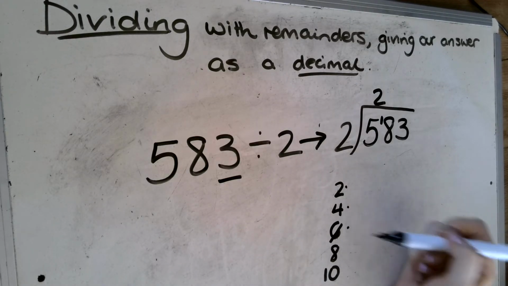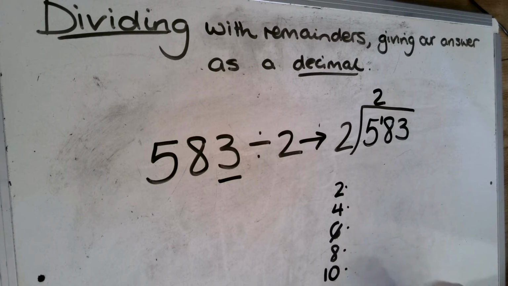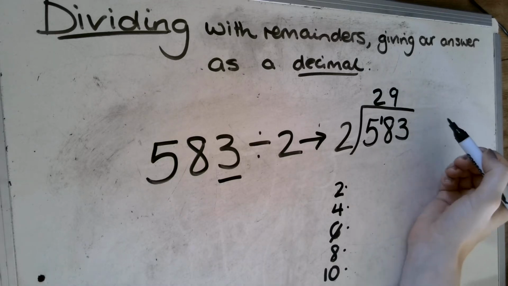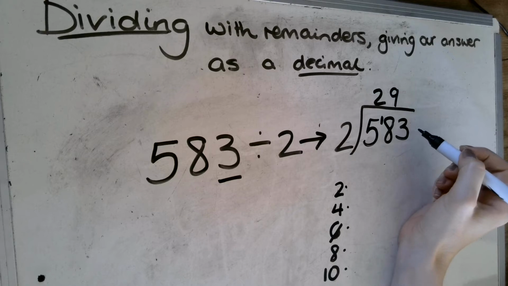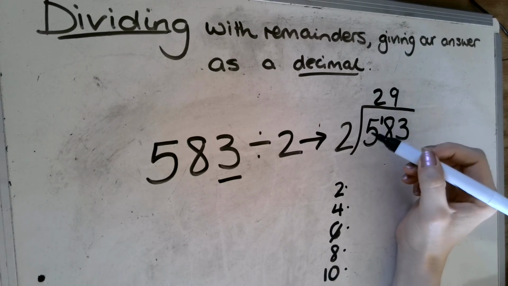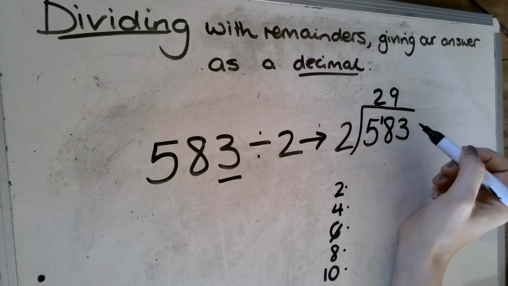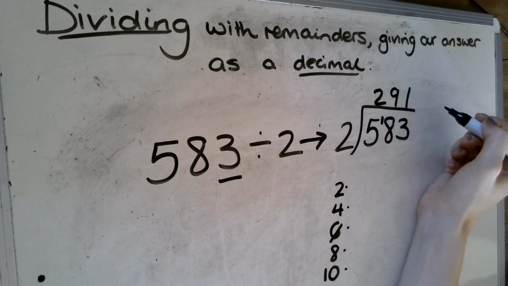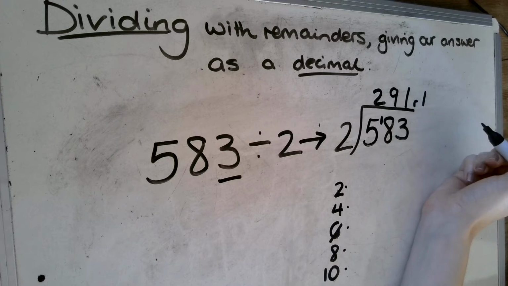And we count how many 2's go into 18, and the answer is 9. So we write our 9 above the tens digit. Now there's no remainder this time, so we're going to move on and we're going to divide 3 by 2. How many 2's will go easily into 3? The answer would be 1, and there is a remainder of 1.